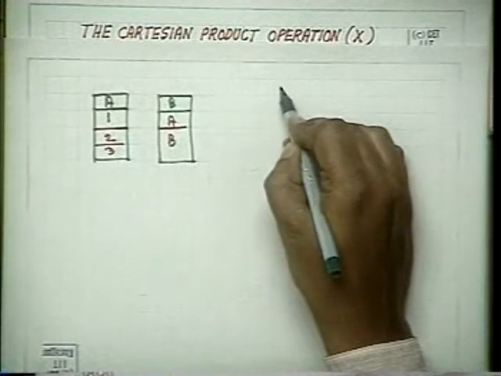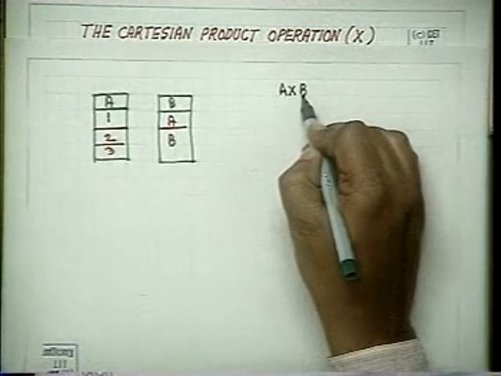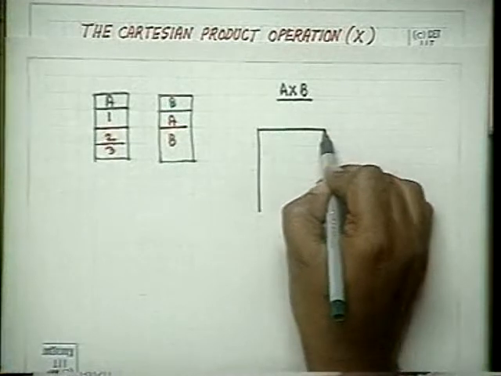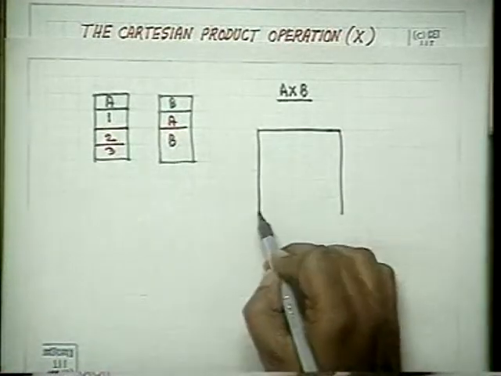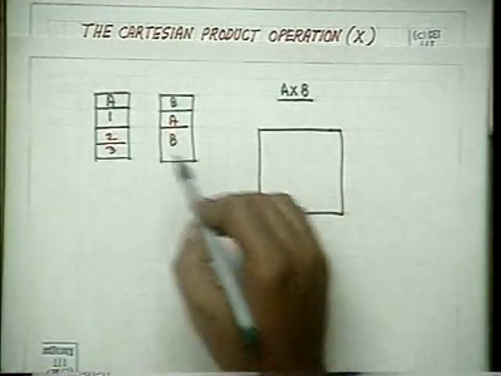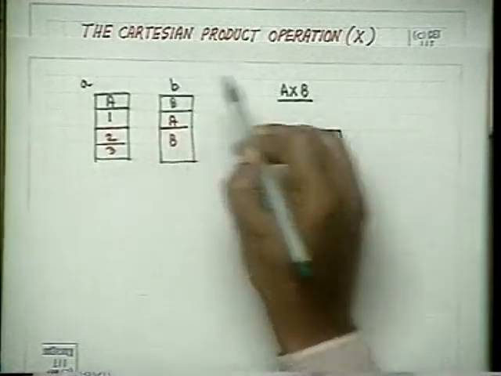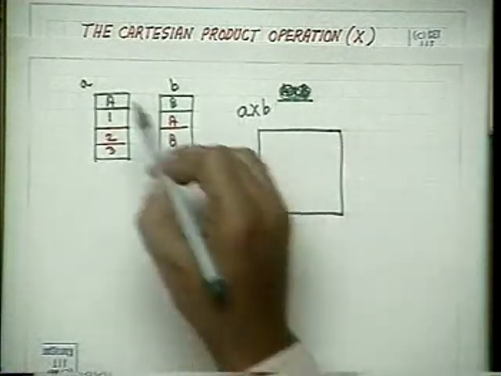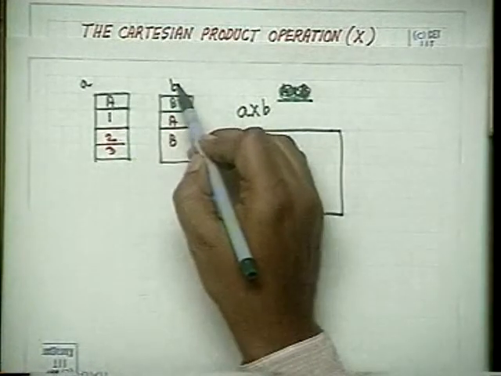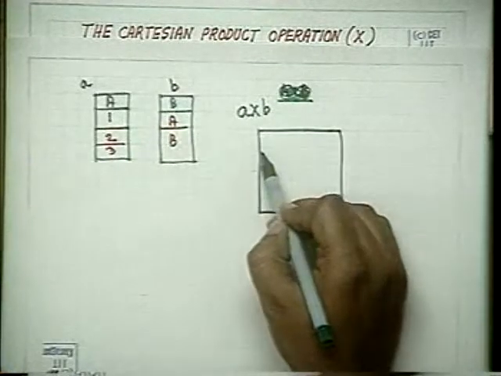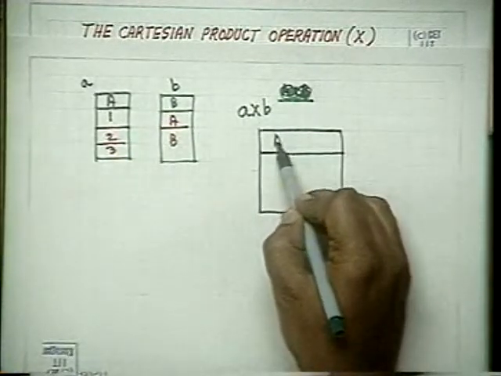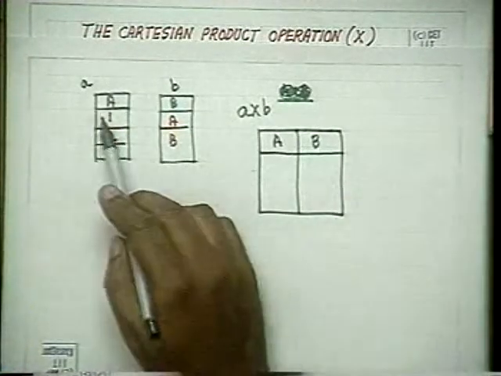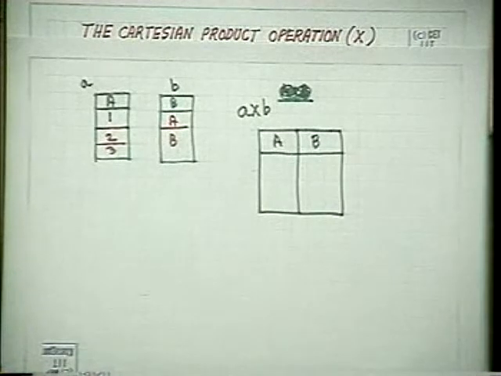A cross B will firstly have, this is A, this is B. Relation A has attribute capital A, B has attribute capital B. A cross B will have attributes capital A and capital B. And the tuples here will be all possible combinations.